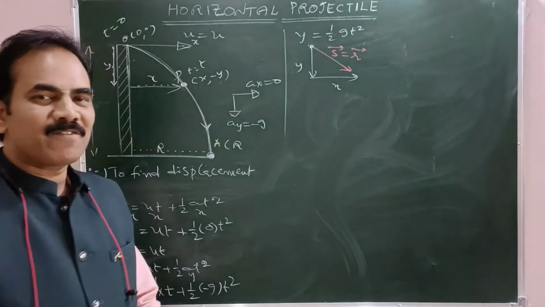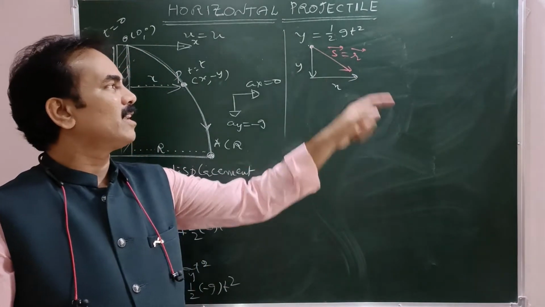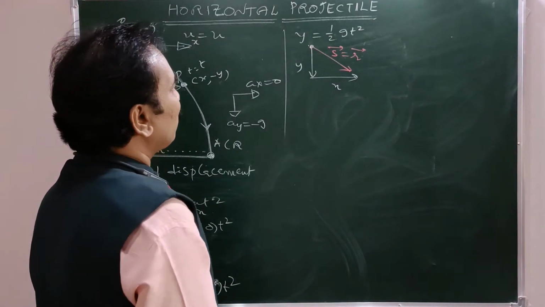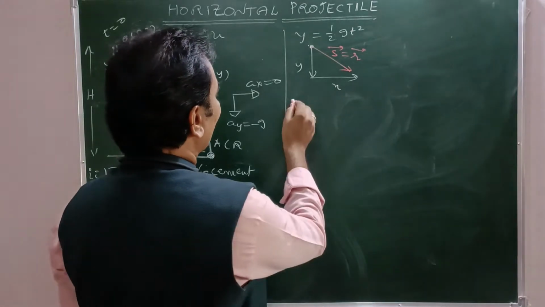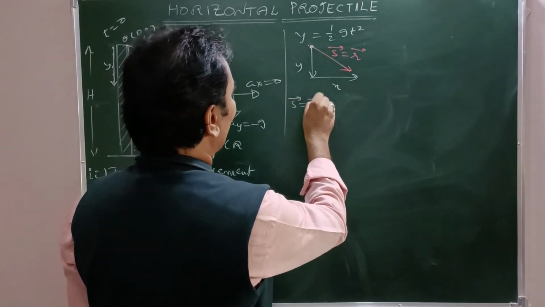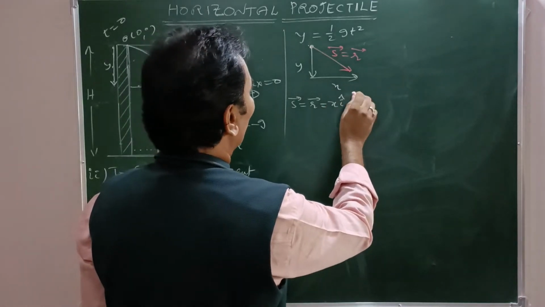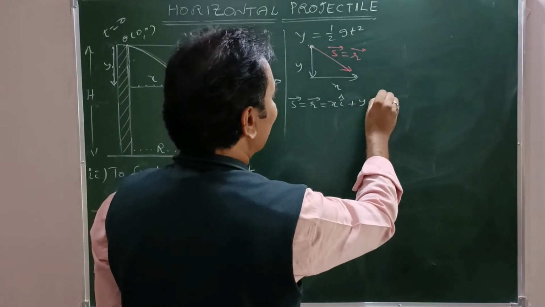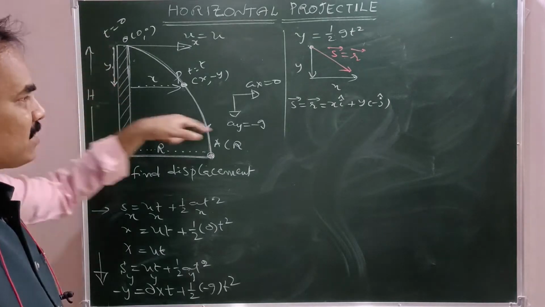So sometimes position vector becomes displacement. Right? Now how to write S bar here? S bar or R bar equals x into i cap plus y into minus j cap. Why take minus j? Because the unit vector along the negative y axis is minus j.